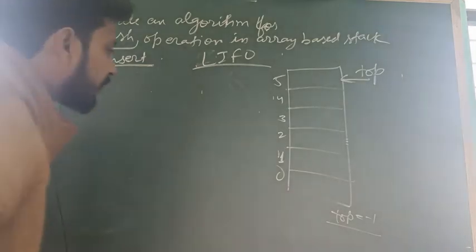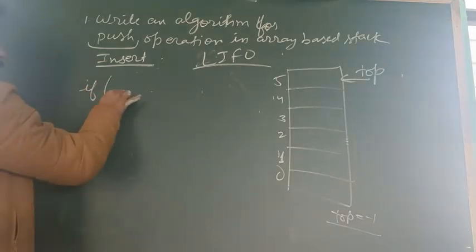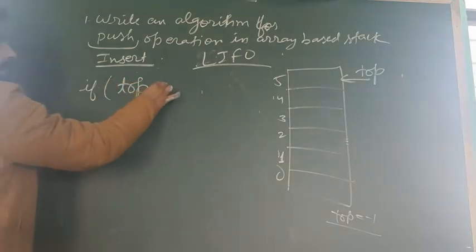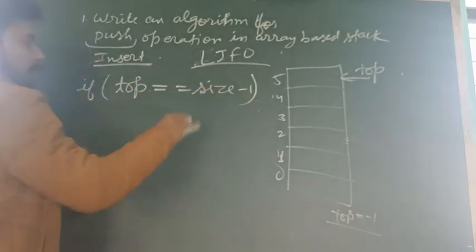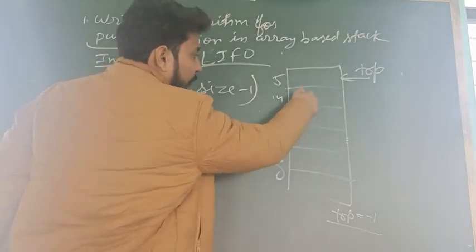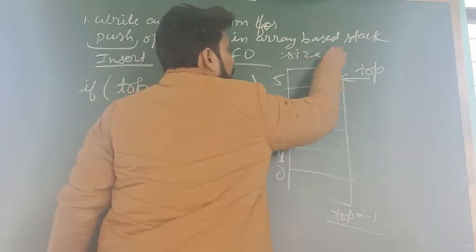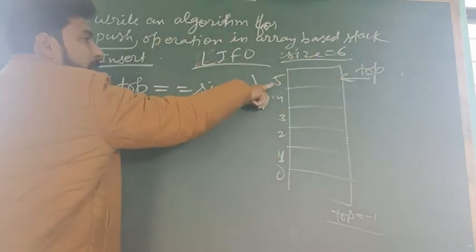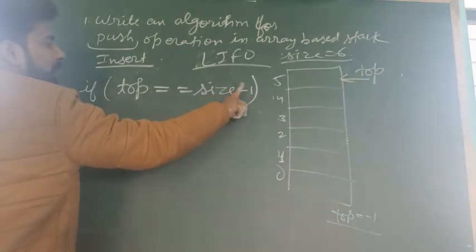So the first condition we are going to write is: if your top equals size minus 1. The size is 6, but the index number of the last element is 5. So if top equals size minus 1, that is 6 minus 1, that is 5.